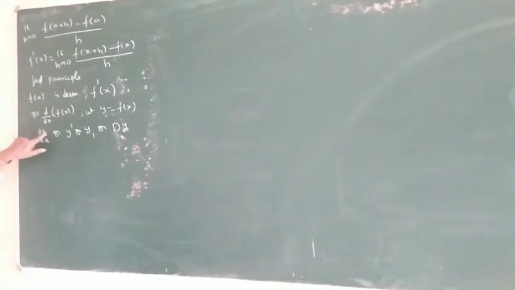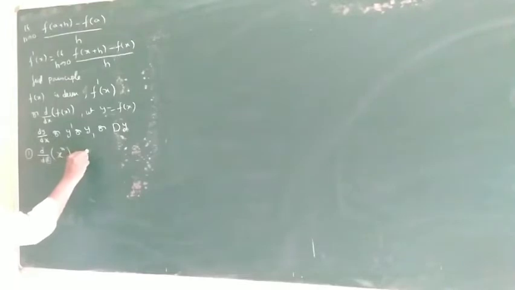So f of x is equal to y, and d by dx of f of x means the derivative of f of x, that is f dash of x.